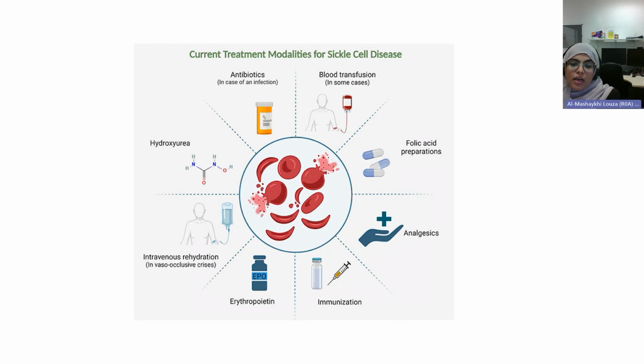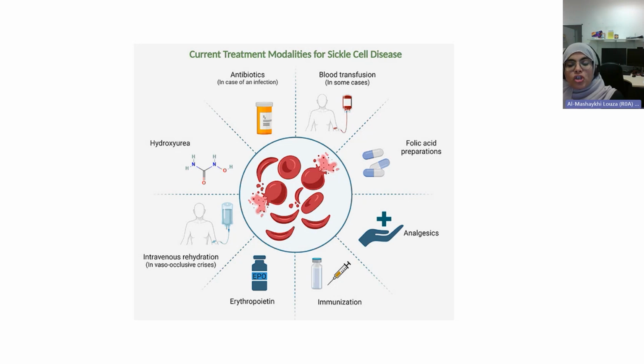Sometimes patients will require vaccination and immunization because of the hyposplenic state of patients with sickle cell disease. Sometimes they require erythropoietin if they have chronic kidney disease and anaemia, and IV fluids to prevent dehydration.